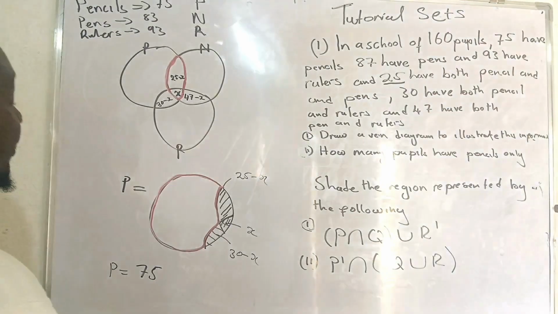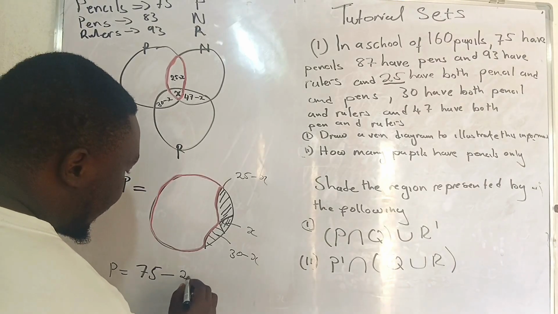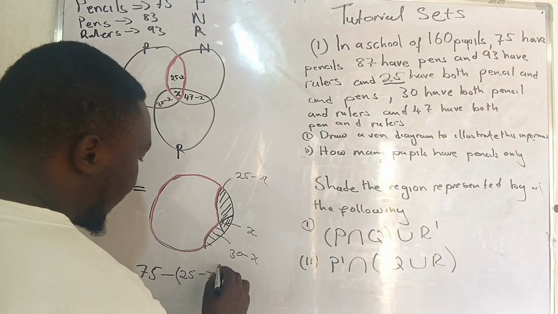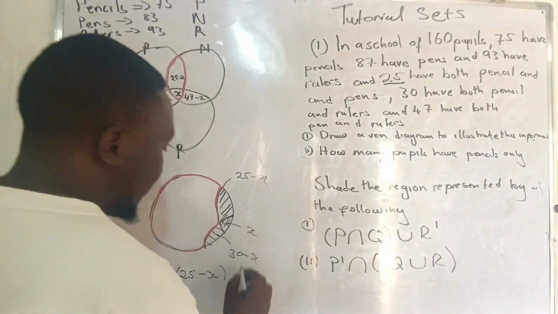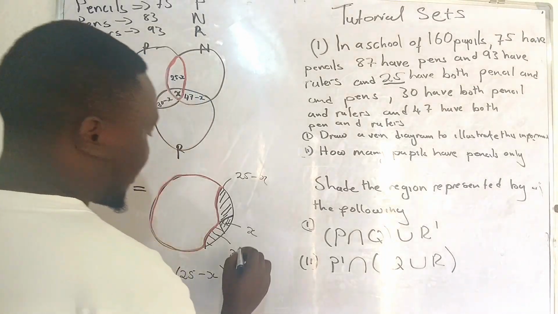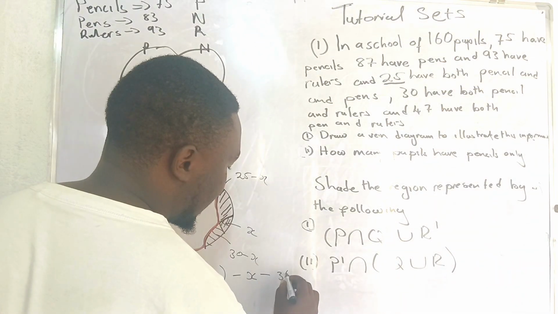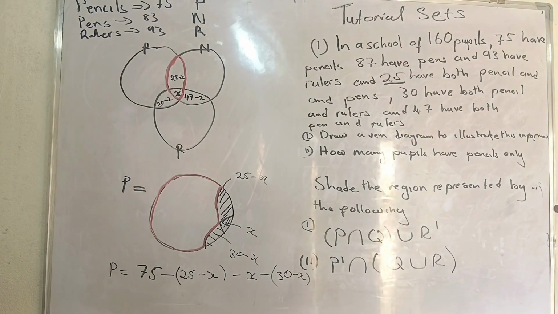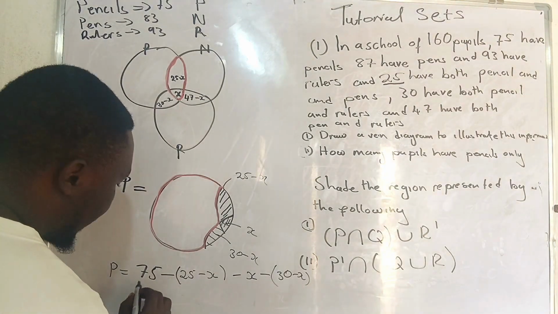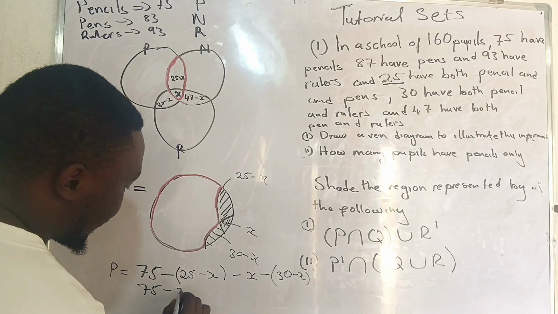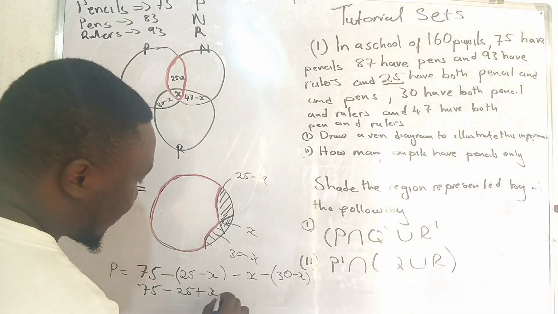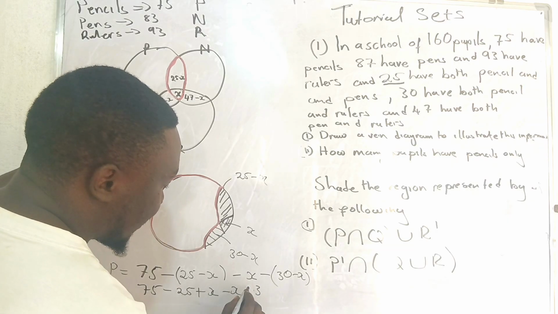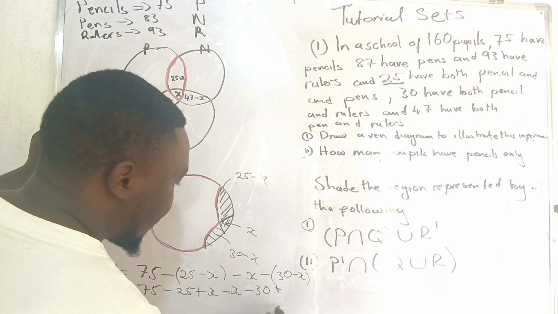So we say 75 minus (25 minus x), in brackets, then we subtract x, then we subtract the last one, minus (30 minus x), in brackets. So we solve: 75 minus 25 plus x minus x plus 30 minus x.